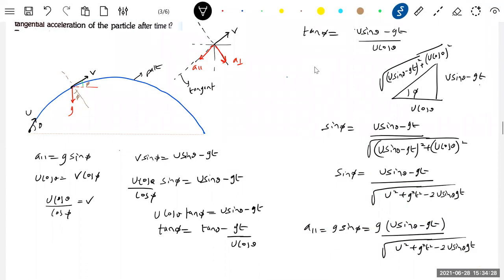Will it be constant tangential acceleration? No, it will vary with time. That's why it has to come as a function of time. This will become the tangential acceleration.